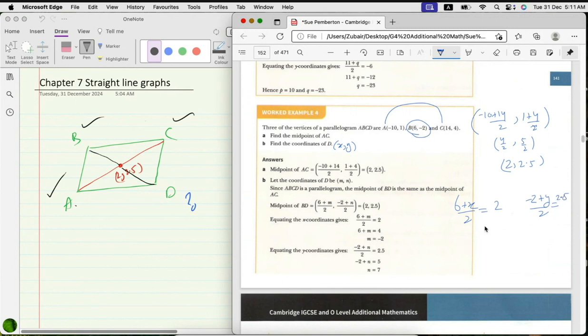Now we solve for x and y. 6 plus x is equal to 4, x is equal to minus 2. Minus 2 plus y is equal to 5, y is equal to 7. Minus 2 comma 7 are the coordinates for D.